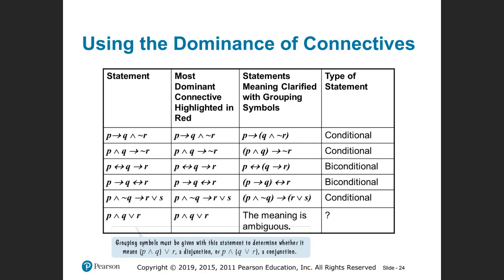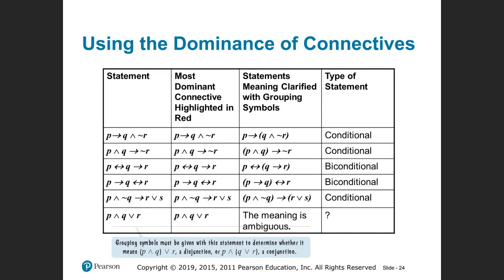We are grouping the and, and this is conditional. The next line, instead of having the conditional first and then the and, we've got the conditional, and so you can see that the grouping symbols are going with the P and the Q. The next one is biconditional.